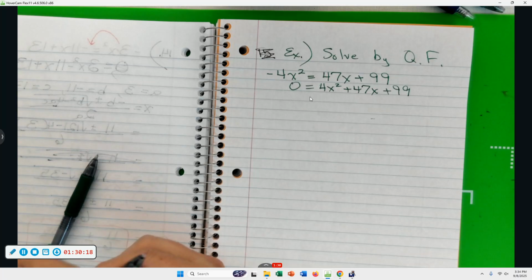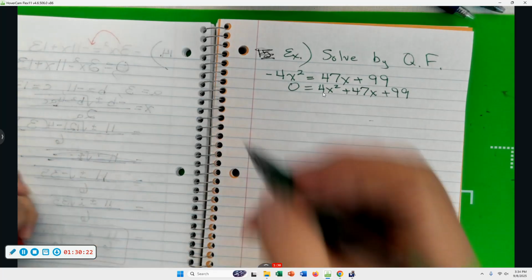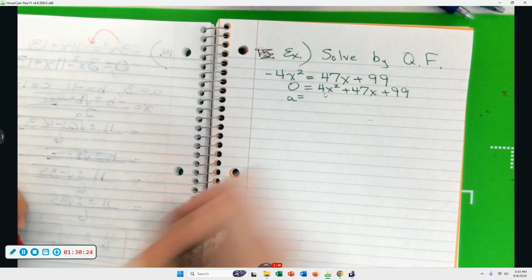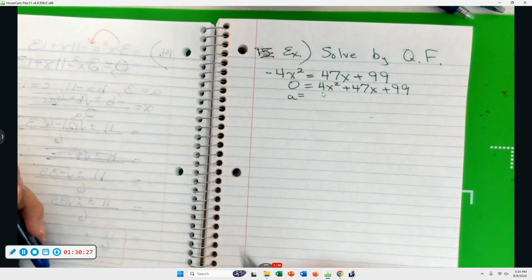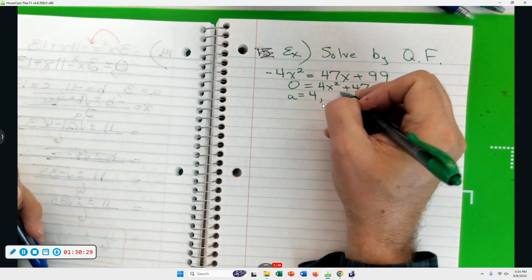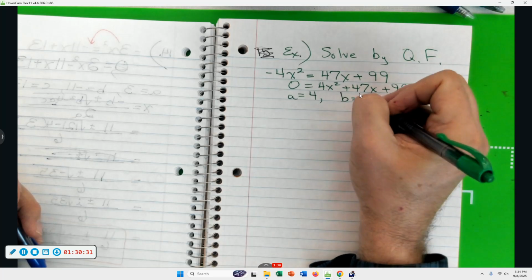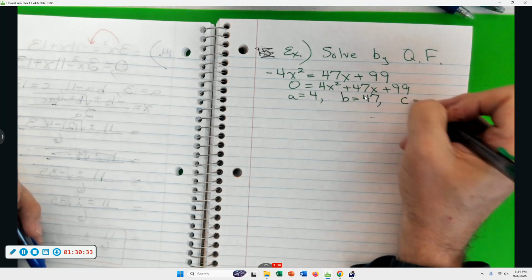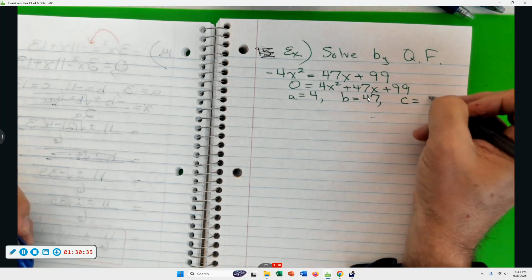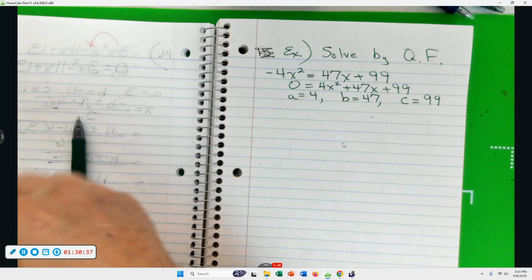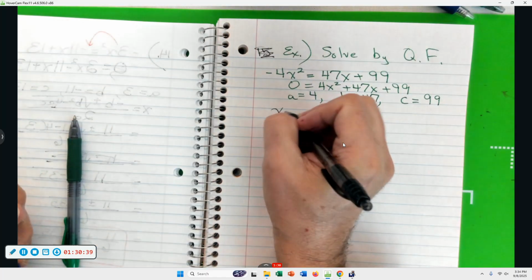Let's identify a, b, and c. a is equal to 4. b, 47. c, 99.